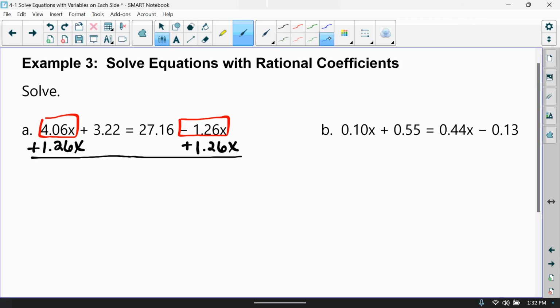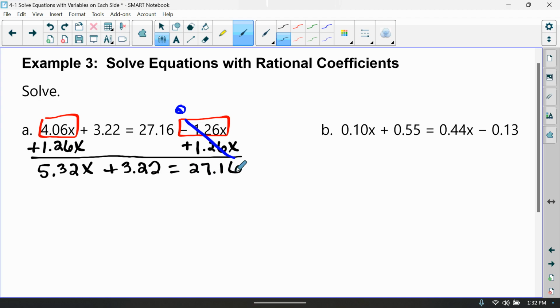So here, this is a number plus its opposite. That's equal to 0. And we end up over here. What's 4.06x plus 1.26x? 5.32x, don't forget your variable, plus 3.22 equals 27.16.